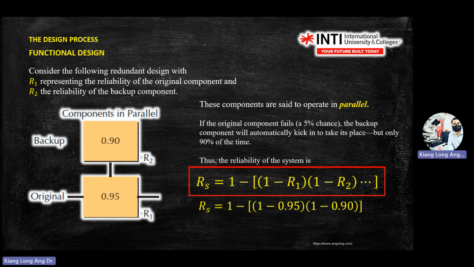So for example, in this case, how do you substitute the values? You have 95% original and then a backup. Again, the bottom one is always the original, and on top of the original is a backup. The original is 95, so you put in R1 as 95, R2 as 90, and since you only have two components, no more brackets. What answer do you get for this parallel system?